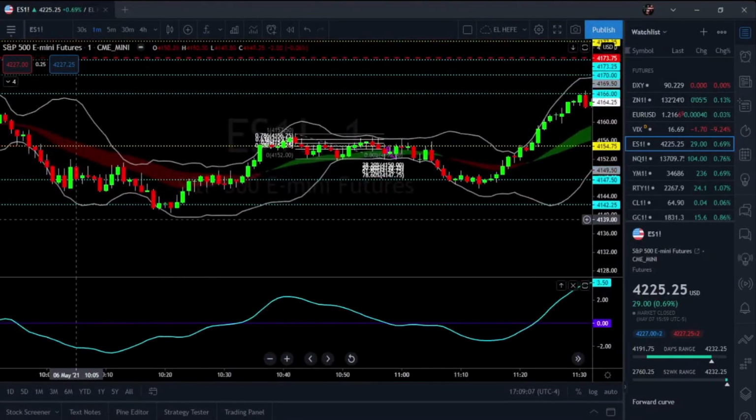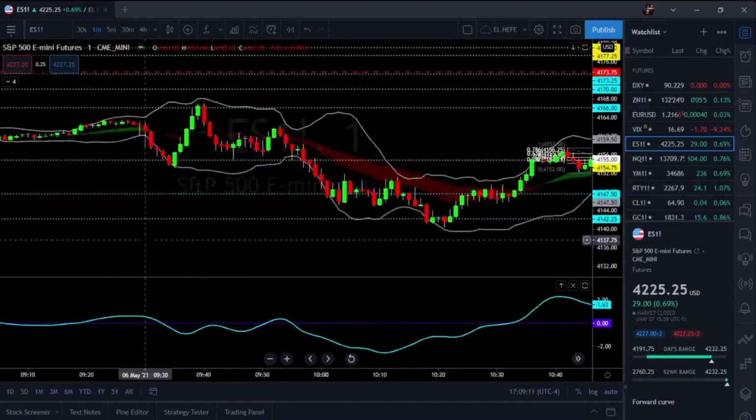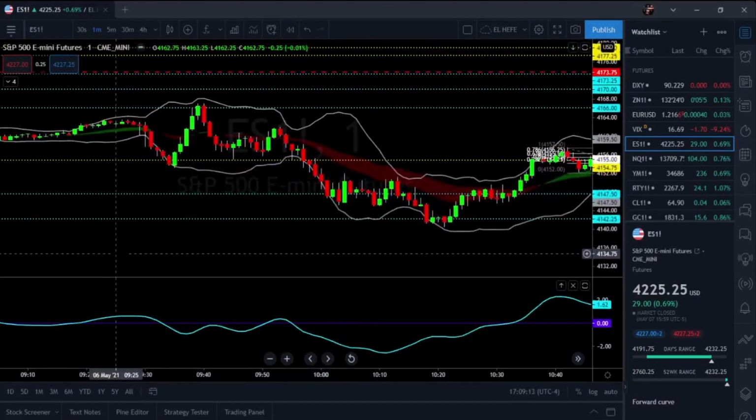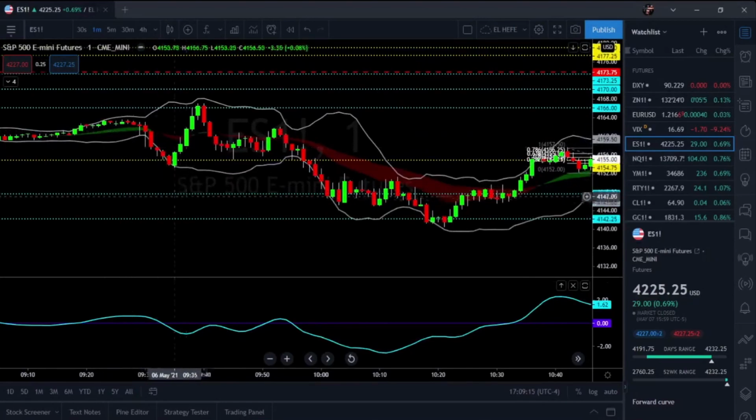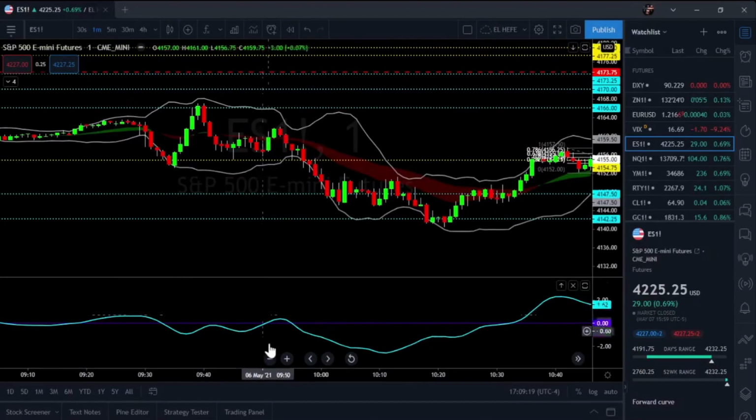Okay, so obviously what I was looking for, we'll just start at the open. I didn't see anything that would want me to get involved. Right here's the open. You don't want to trade the open, so we're looking past the open. Zero line comes through. We didn't really get anything there, so there's nothing to do on the short side.